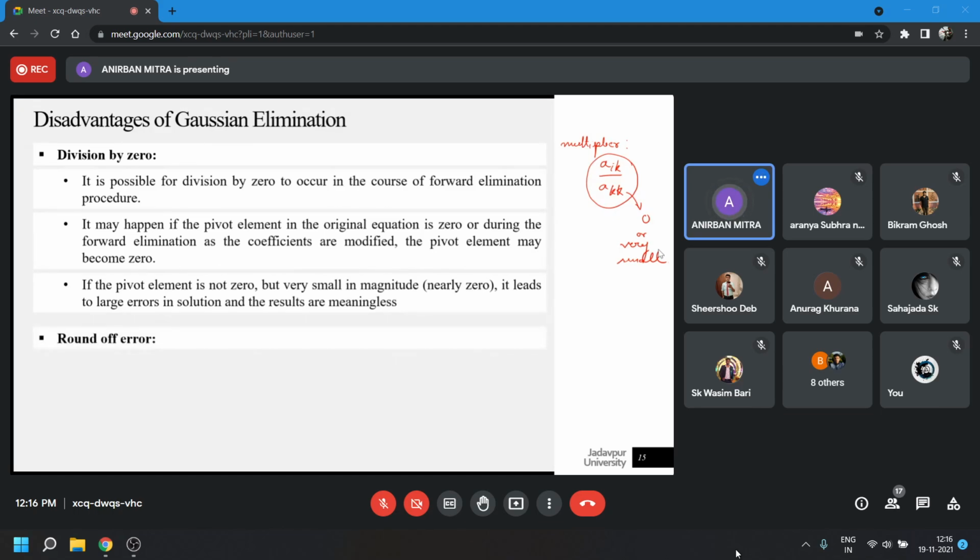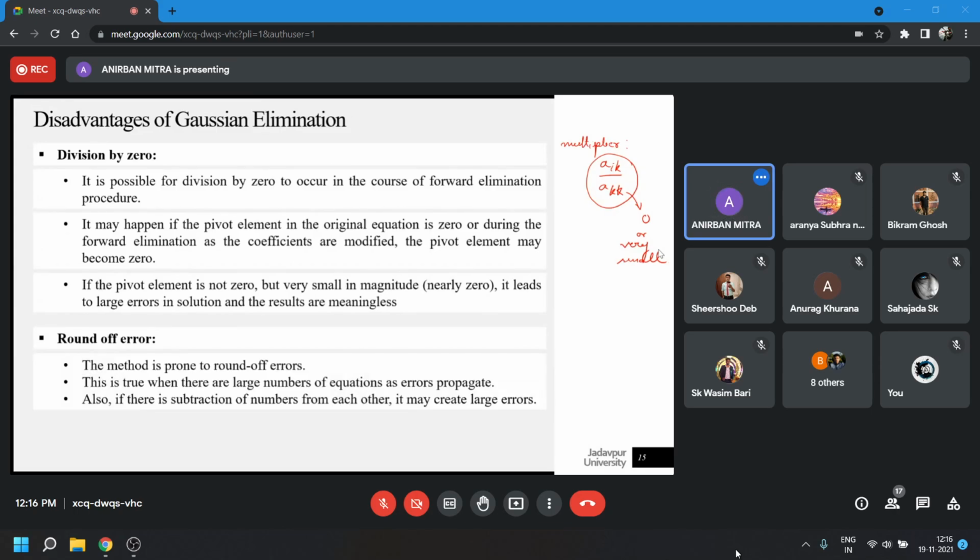The other problem is the round off error. This is supposed to be a direct method, an exact technique, and those methods are usually prone to round off errors. This is particularly true if there are large number of equations present. Quite a few, or you can say numerous calculations need to be performed, and as a result of it, the errors usually propagate.